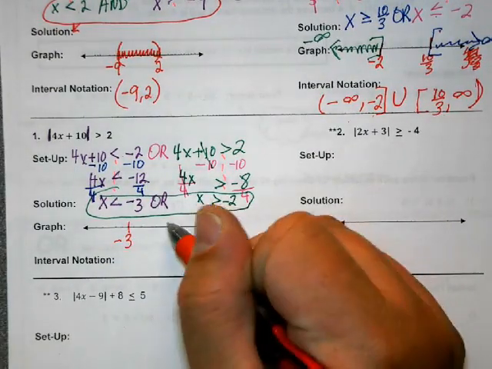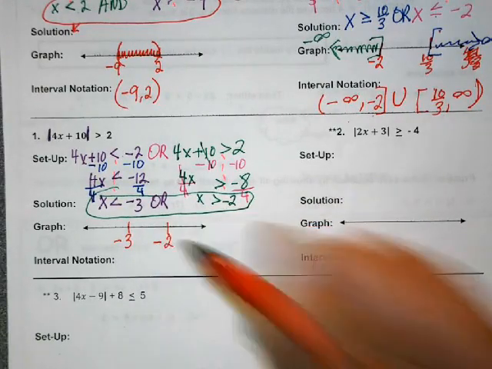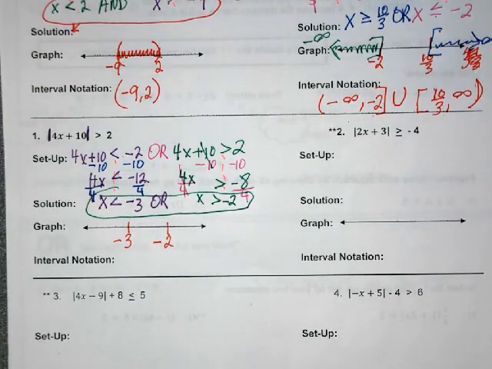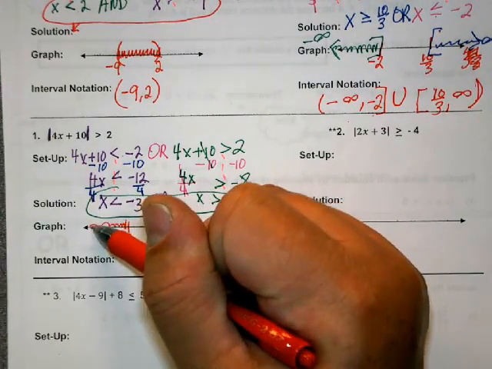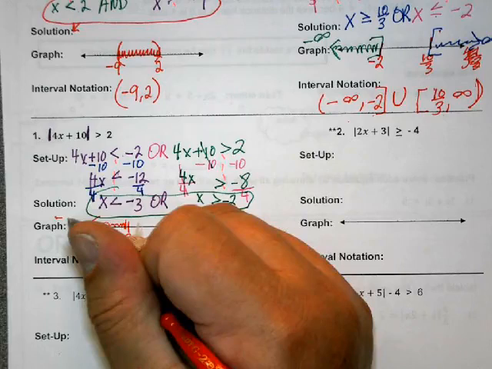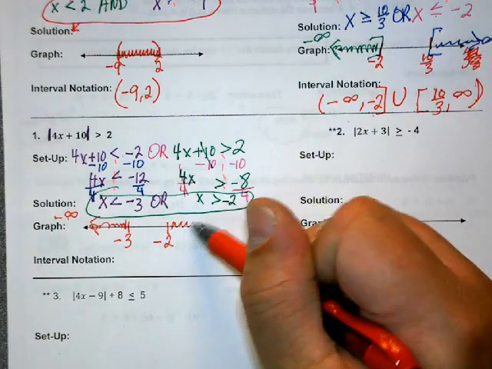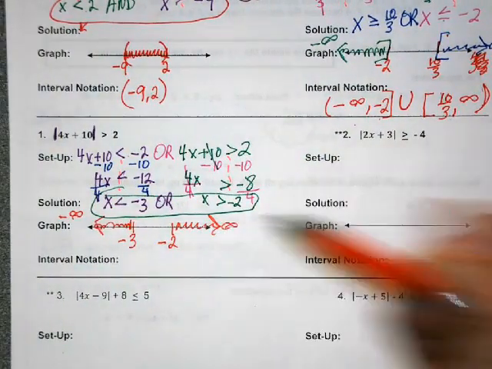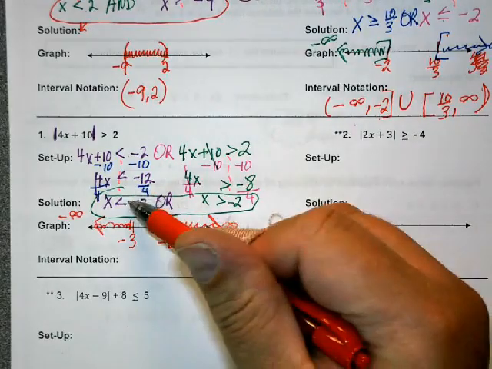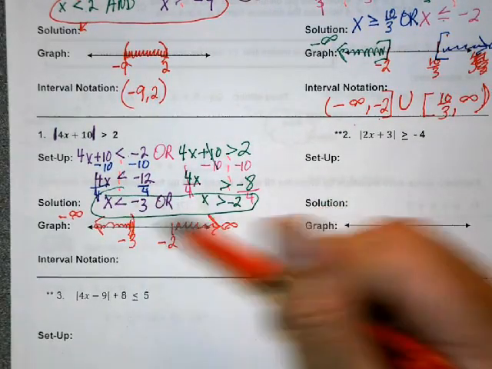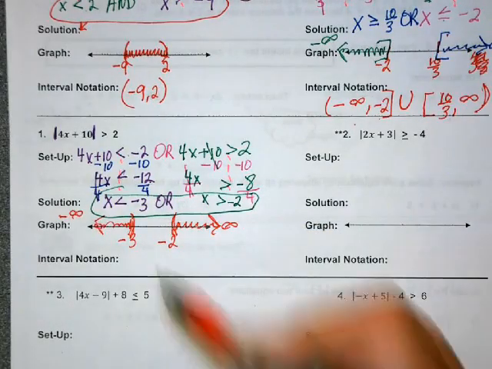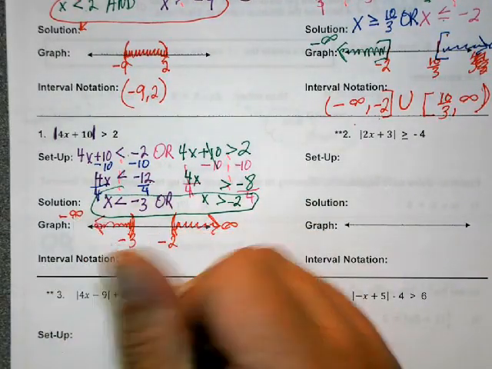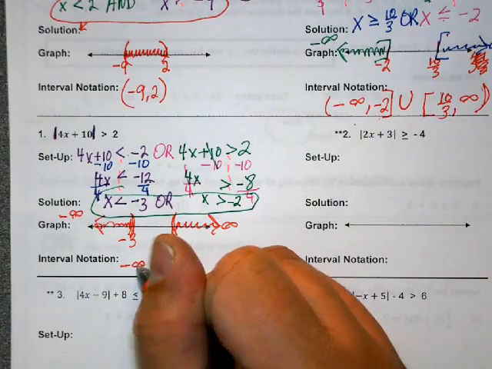It's an OR problem, so it goes outwards towards the infinities, with parentheses at the negative 2. Now my interval notation: the smaller numbers, negative infinity to negative 3.